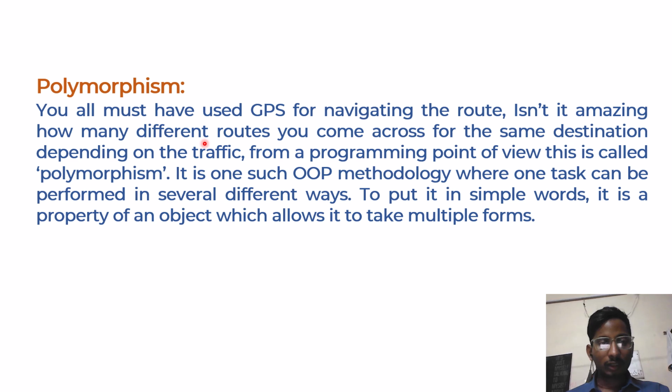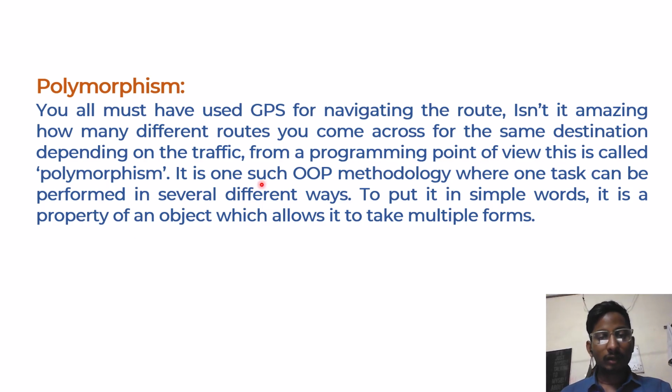Polymorphism. So what is polymorphism? You all must have used a GPS for navigation. It's amazing how many different routes you come across for the same destination depending on the traffic. From the programming point of view, this is called polymorphism.